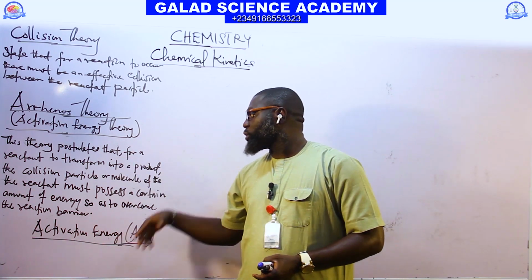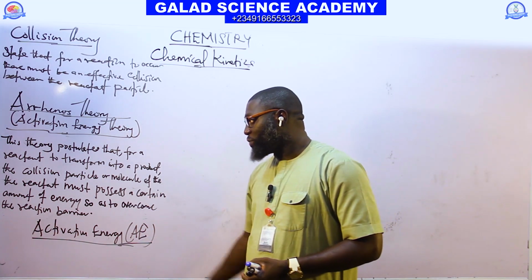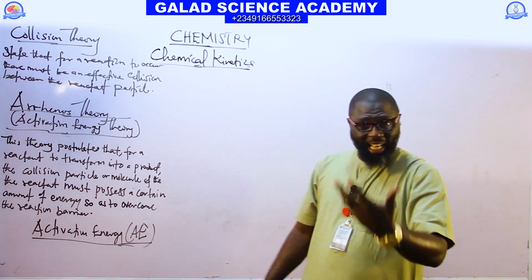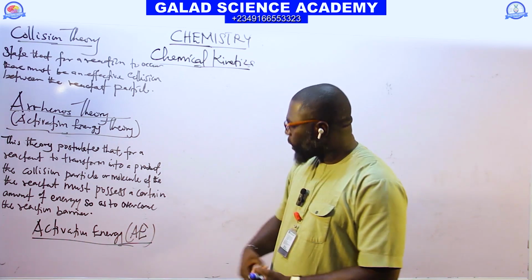According to the Arrhenius theory, for a reactant to transform to a product, the colliding particles of the reactant must possess a certain amount of energy in order to overcome the reaction barrier, and that certain amount of energy is called activation energy. So what is activation energy?